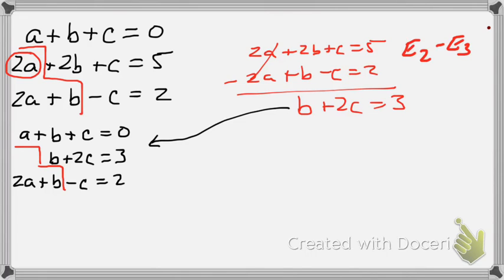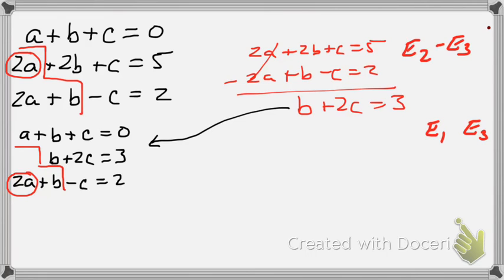Now, we are going to eliminate the other a term that is under the stairs, and that is the 2a that I have circled. You do not have a choice here. You must use the first and third equations. You have to, because the second one has no a, so it's not going to help you.